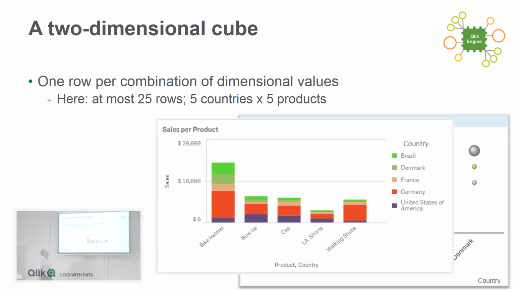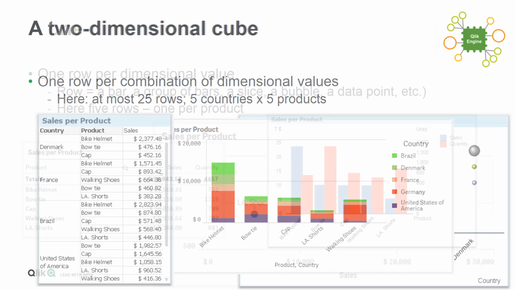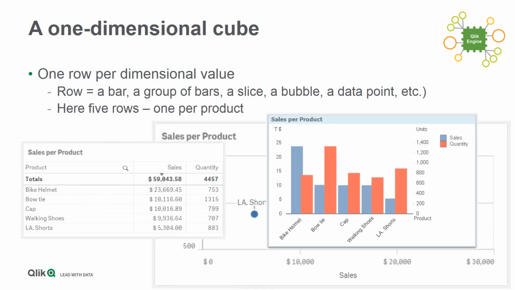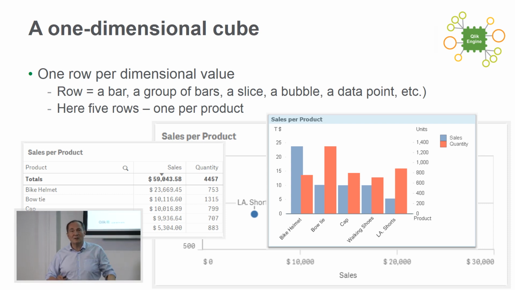And we can visualize the same data in a number of ways, either table or bar chart. And here you can see that a bar chart with 2 dimensions, 1 measure, looks pretty much like a bar chart with 1 dimension, 2 measures. So it could be confusing. Keep track of how many dimensions you have.